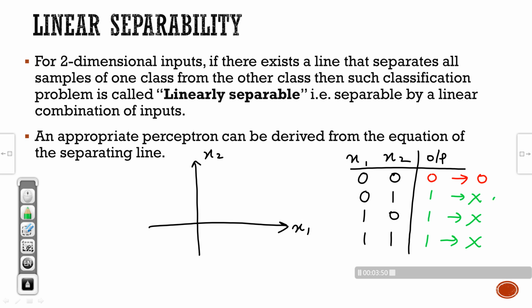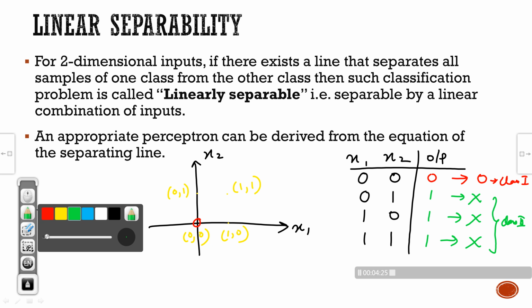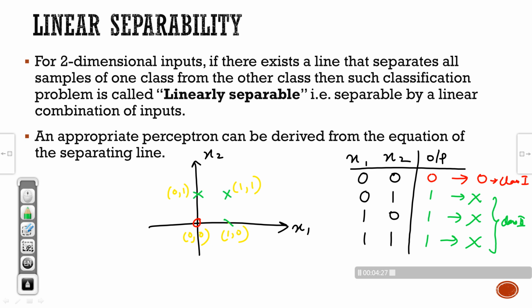So I consider output 0 as one particular class, say class 1, and output 1 as another class, say class 2. At the 0, 0 point I get the class 1 pattern. But at 1, 0, 0, 1 and 1, 1, these points I have the pattern which belongs to class 2.